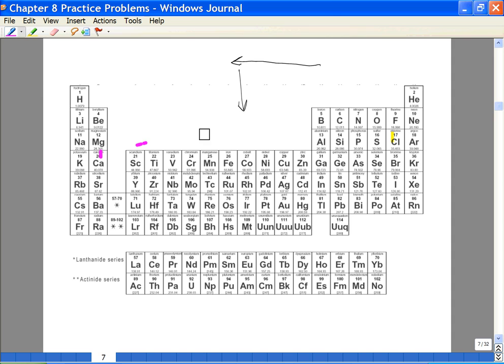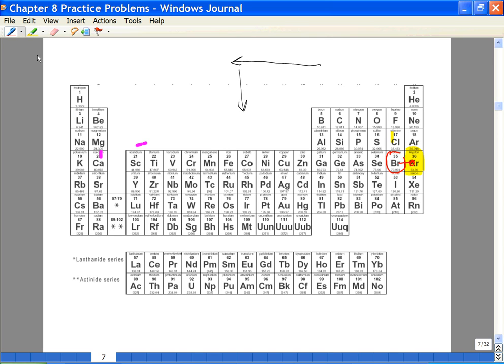Okay, it's taking me a while to erase that. So first of all, for bromine, it's here. If we add an electron to it, that means it's going to look like krypton. So it would have a final size that would be about the same as krypton.